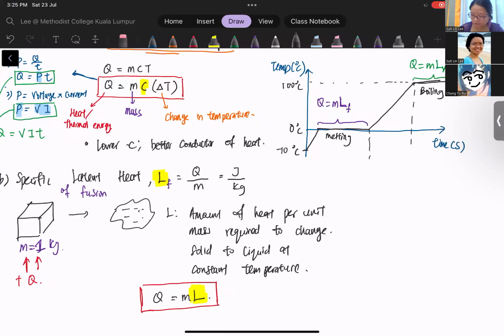Here to here, mcΔT. But the ΔT is 100 degrees Celsius. Okay. Here to here, also mcΔT, but this one is for ice. And this one is for water. From here to here.